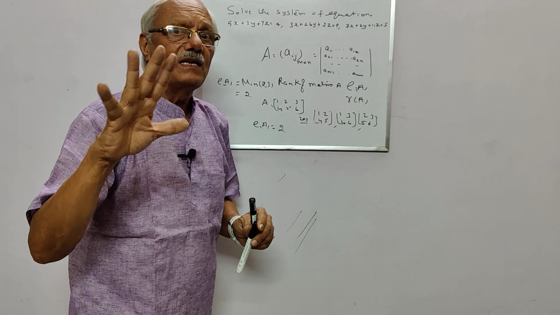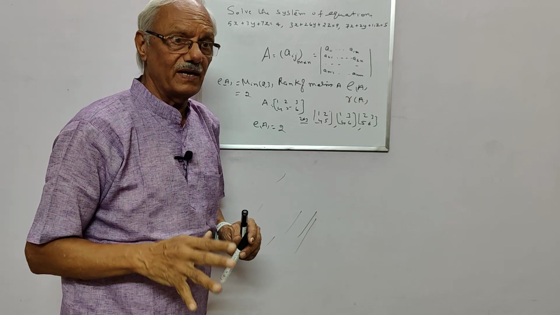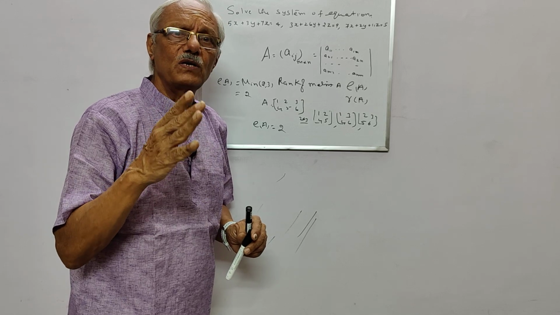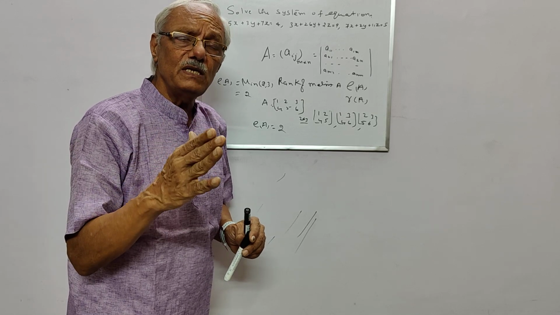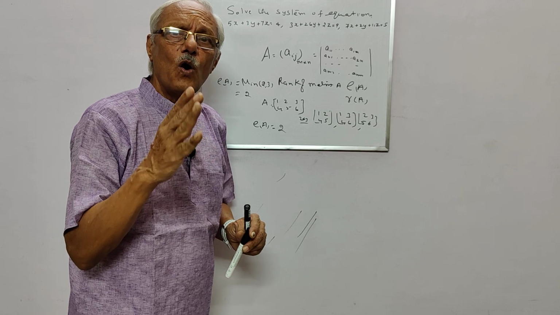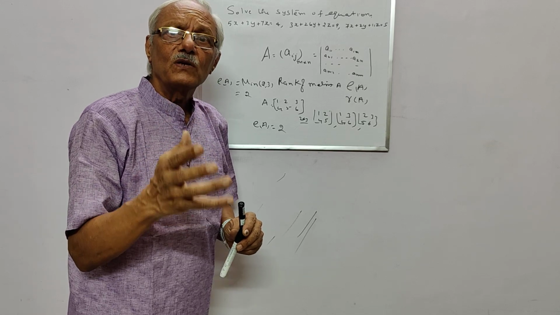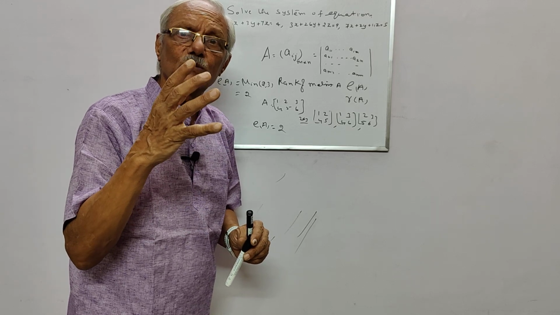So this is the definition of the rank of a matrix, and rank plays a very important role in determining the consistency, by which I mean solving a given system of equations.